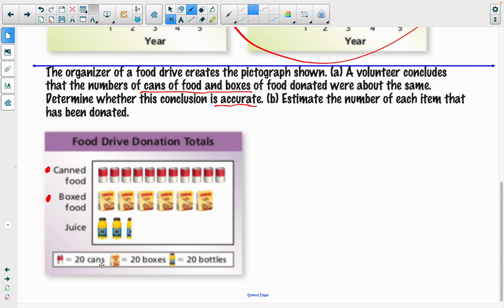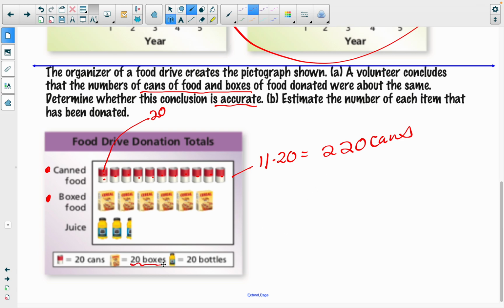But if you go down here, each can represents 20 cans. So when I look at my cans here, I have 1, 2, 3, 4, 5, 6, 7, 8, 9, 10, 11. I have 11 times 20. This is really representing 220 cans.